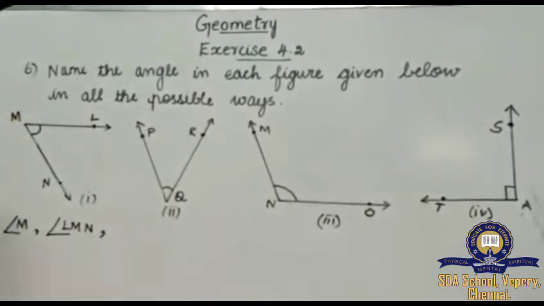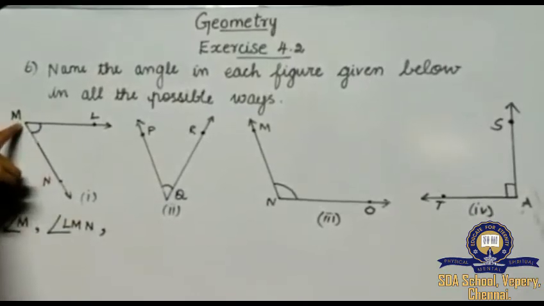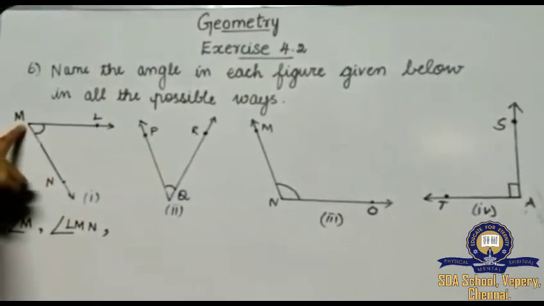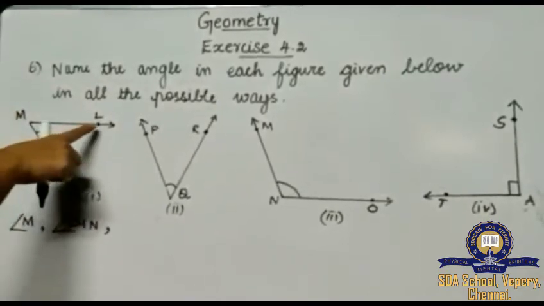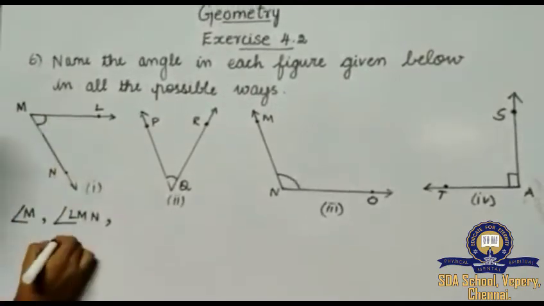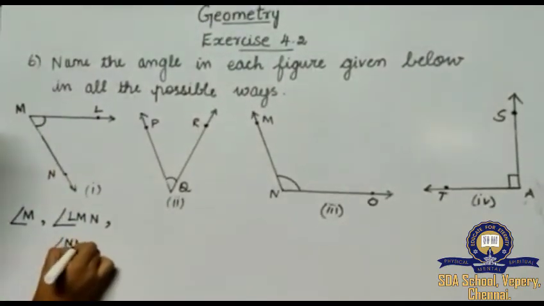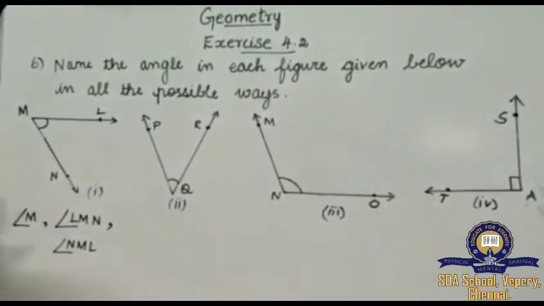Okay, you have to write the M in the middle since the angle is M, right? So you have to write M in the middle. Okay, so I have completed LMN and now I am going to write NML. So these are the angles for the first figure.